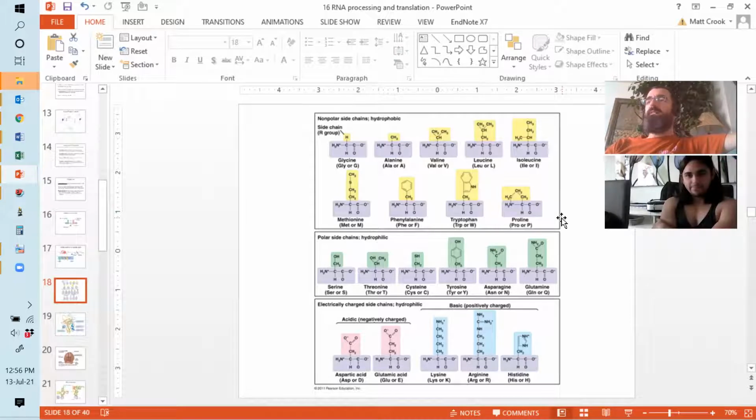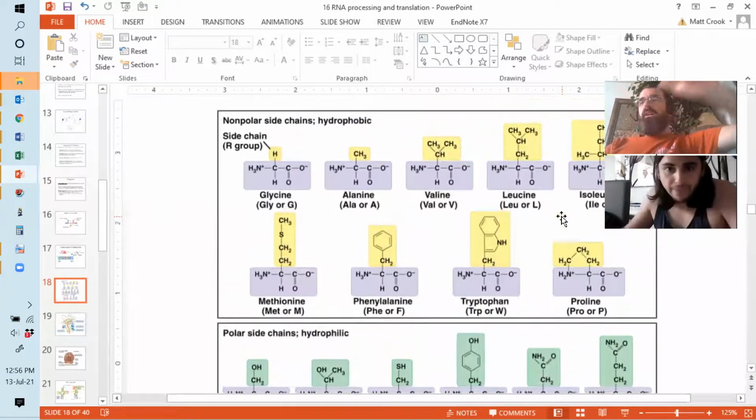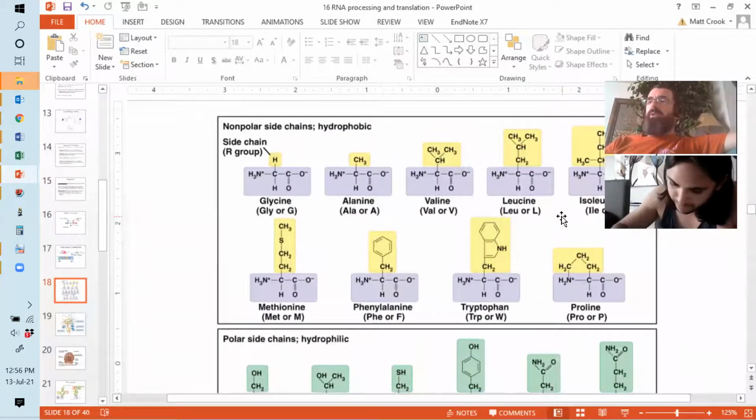Hydrophobic basically means they can't form hydrogen bonds, and if you can't form hydrogen bonds with water, ergo, you're hydrophobic. Water cannot bond with any of these, because there are no oxygens or nitrogens available to create those points at which hydrogen bonds can form.